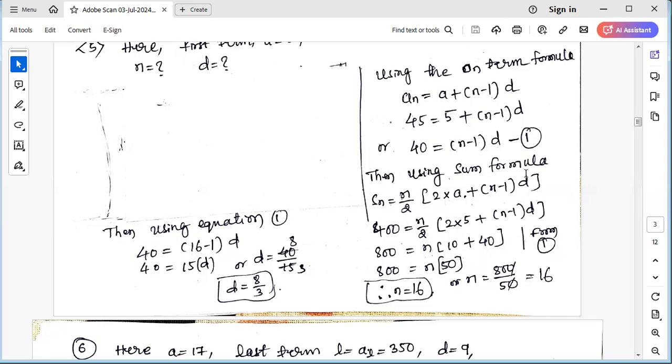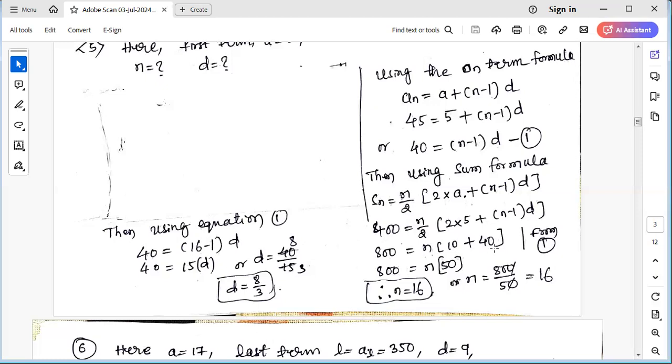Then using the sum formula, Sn is equal to n by 2 into 2a plus n minus 1 into d. Sn is 400 is equal to n by 2 into 2 into a, a is 5. So 2 into 5 plus n minus 1 into d. This 2 comes to the LHS and gets multiplied to 400. So it becomes 800 is equal to n into the bracket 2 into 5 is 10 plus n minus 1 into d.